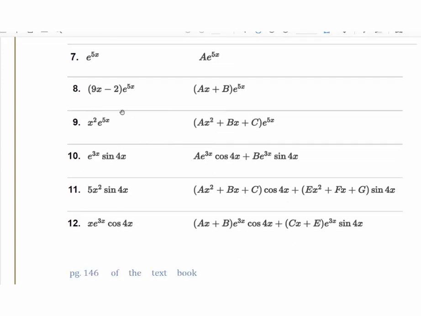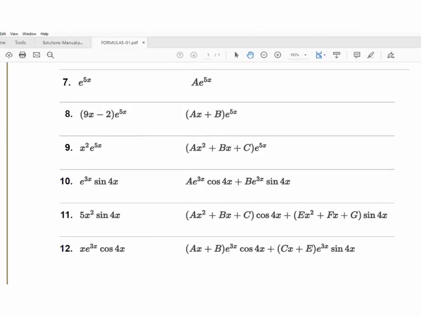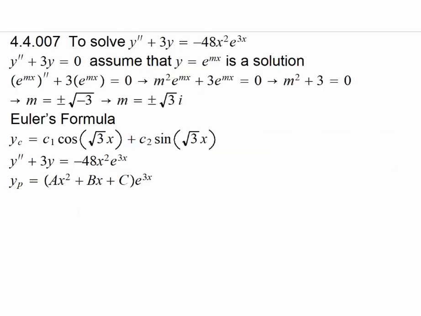In this case, this fits in this category, and we have to make sure that this power has not occurred before, which it has not, and so we have this assumed as our particular solution.